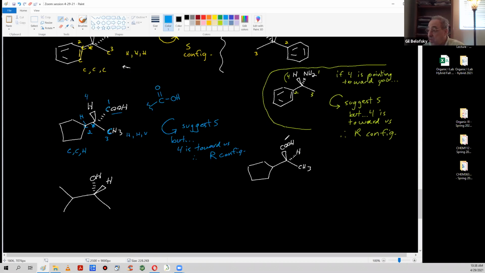So the 4 priority groups stay the same, 1 to 2 to 3, counterclockwise, S, yep. So with 4 pointing away from us, it's easier to see. And these really are mirror images. You would just have to have one, instead of side by side, sort of like one in front of the other.